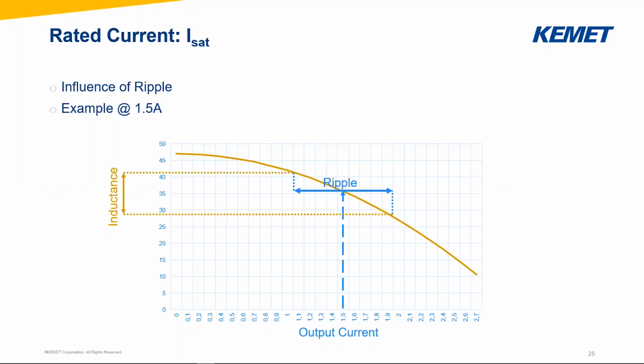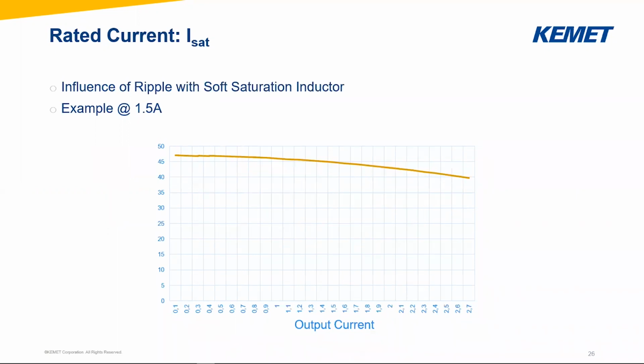If I now choose the Metcom inductor with soft saturation or smooth saturation, and I do the same at 1.5 amps, I still have my 33% ripple, but the change of inductance is much lower here. And this is the reason why I always have a better result if I take a smooth saturation or soft saturation, however it is called. And this big inductance drop is always bad.